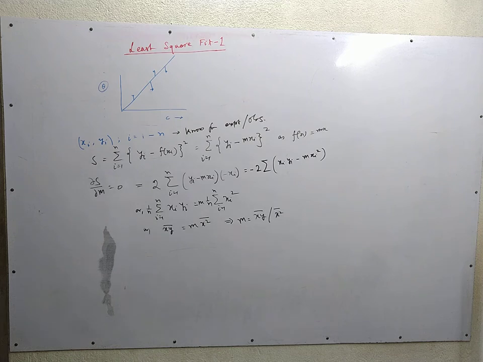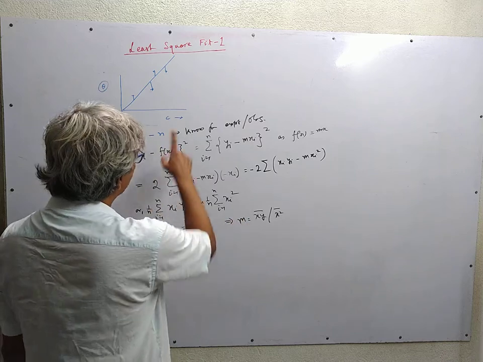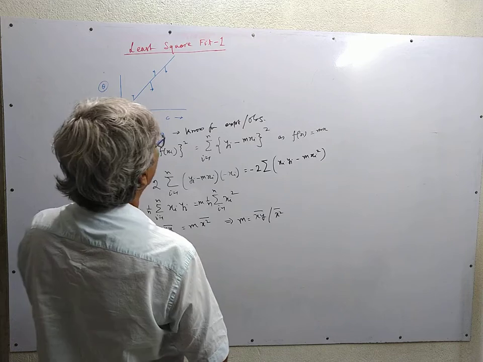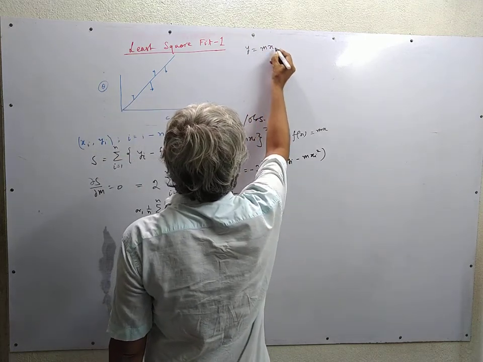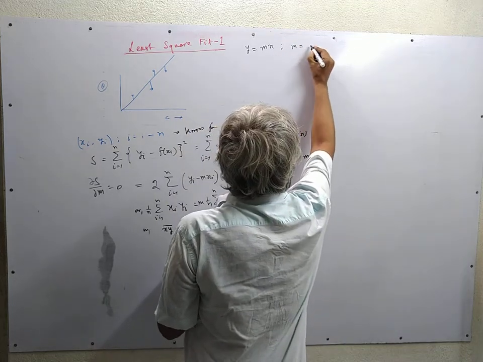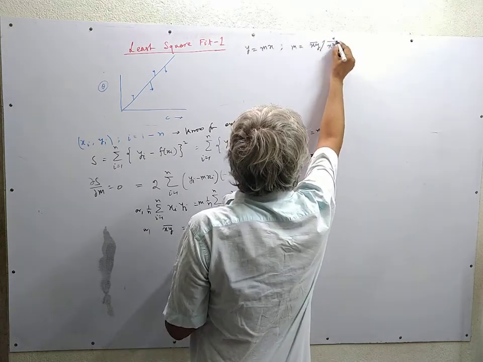So this is the simple relation to get m when the curve is like this. So for y is equal to mx, m is given by xy average by x square average.